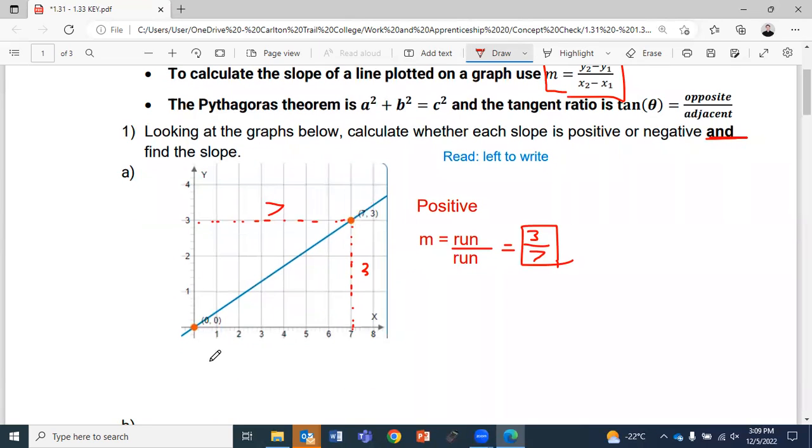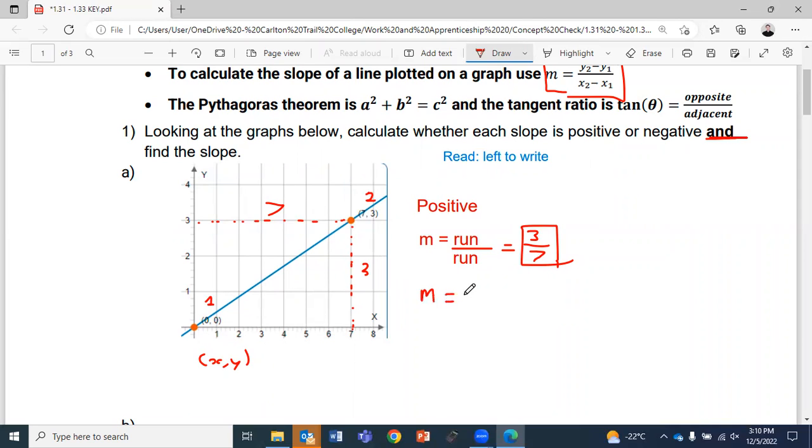Remember, everything gets read as x to y. So the x in this case would be 0, the y would be 0, the x in this point over here would be 7, the y would be 3. I need to figure out which is the first and which is the second. Well, you read it from left to right. I know this is first, this is second. So let's put that in.